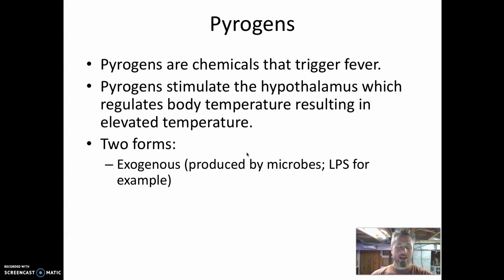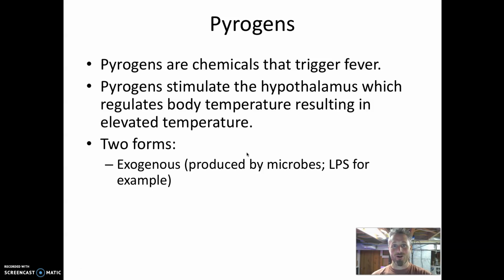This is where that terminology, exogenous and endogenous, can get really confusing for students. In this case, when we're referring to the pyrogen that is acting on your body, this is an exogenous pyrogen because it came from outside your cells. Your cells did not make it.